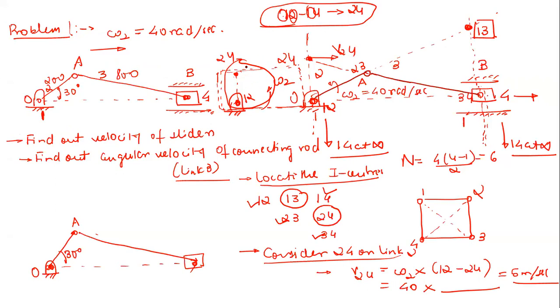At that particular instant, you can see that both have this direction. If you take it on link 2, you can easily imagine that this V24 vector will be perpendicular to this line. Or if you take it on link 4, you can imagine that this slider will always move in the horizontal direction, right?